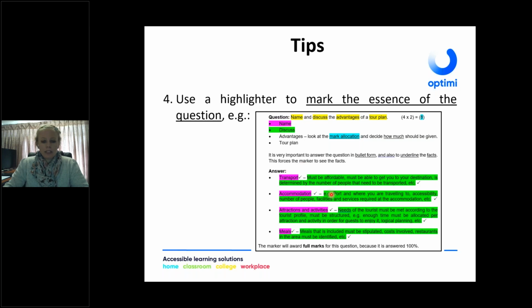You will see here typically I've highlighted the naming of the advantages in purple and discussing it in the green. So the naming of the 4 advantages will be in the purple: the transport, accommodation, attractions and activities, and meals. And then it's also discussed. So every advantage is discussed, which means that the marker can see that you understand the question and then you can receive the full marks.